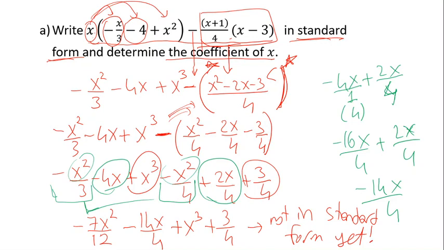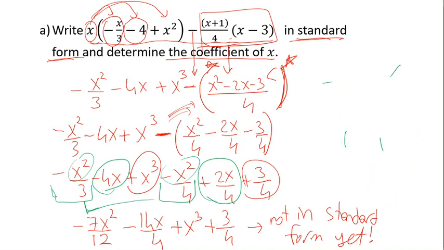To get the standard form, you have to write the terms in order. So you should write the powers in descending order. In this case, you have to change the order of the terms. You start with the biggest power, which is plus x cubed. First one is plus x cubed, and then what is next?